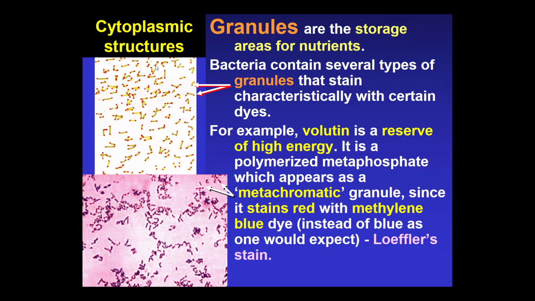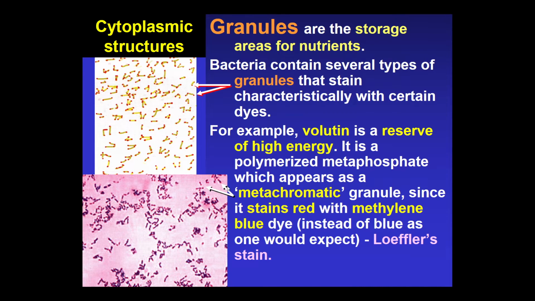Usually those organelles with nutrition are called granules, and these are storage areas for nutrition. By the way, in some bacteria they can be stained differently from the rest of the bacterium, and it will give a characteristic appearance to this particular type of bacteria.